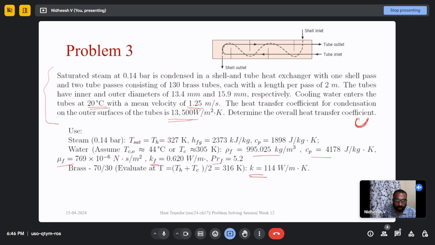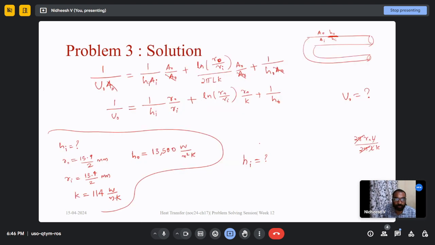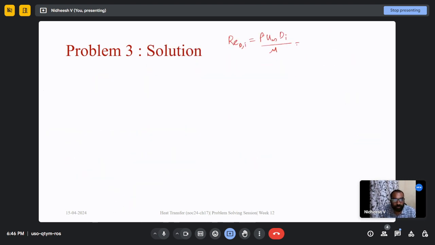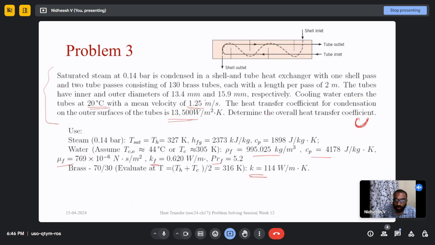Let's substitute them and find out the Reynolds number value. Density is 995.025, multiplied by the velocity, which is given to be 1.25 meters per second, and the diameter is 13.4 millimeters.